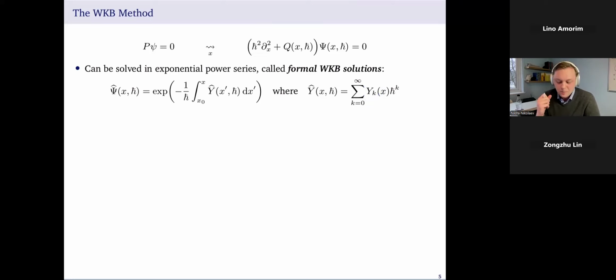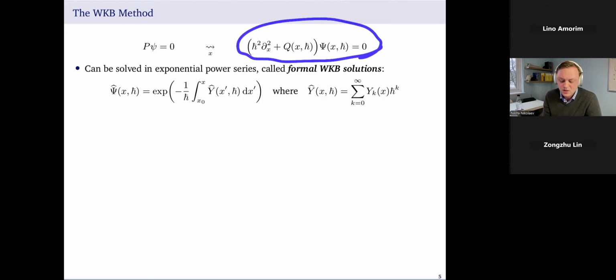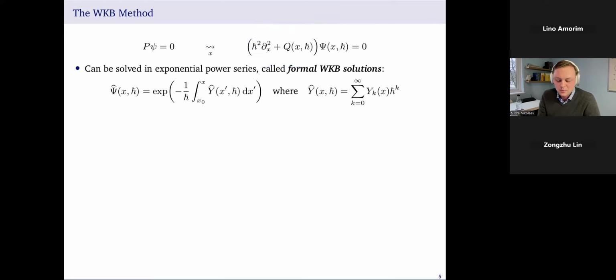And it's remarkable that this is possible to do because it's well known that these types of differential equations, second order differential equations, are basically impossible to solve in closed form. Even for the simplest choices of potential, there are no closed form solutions. They just don't exist.